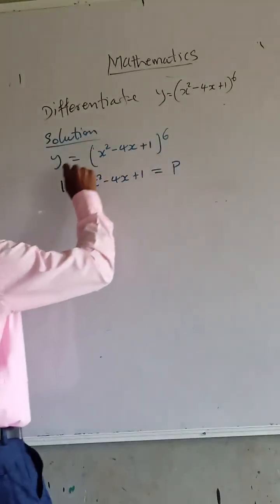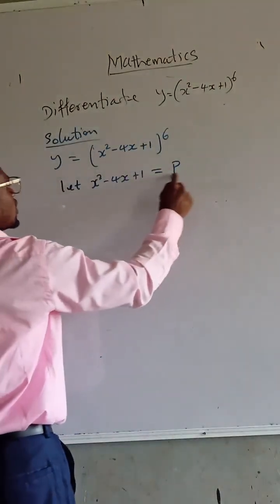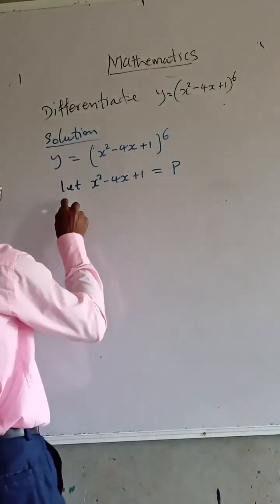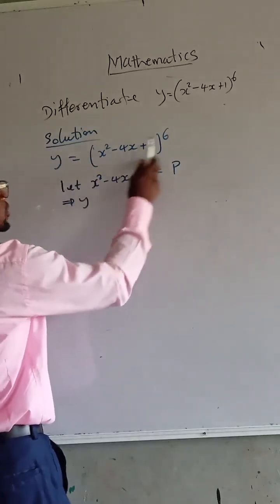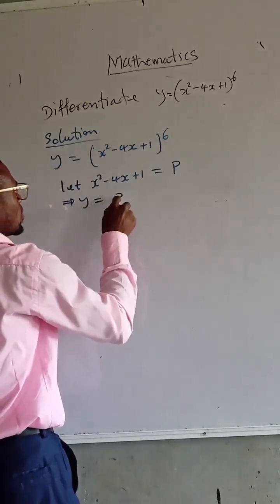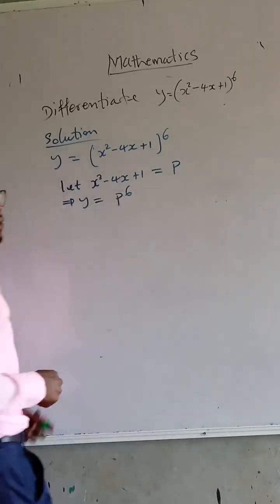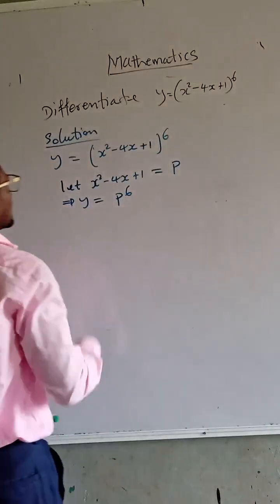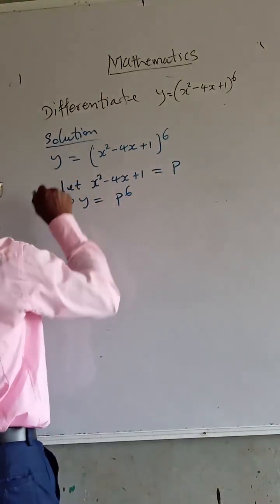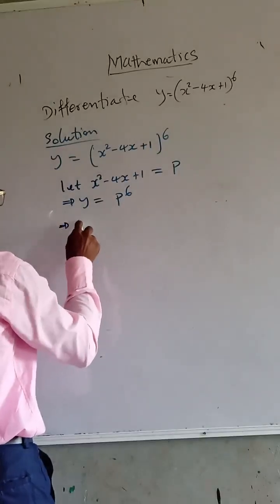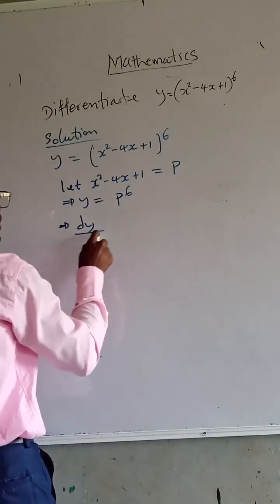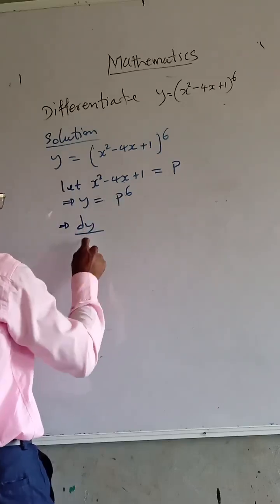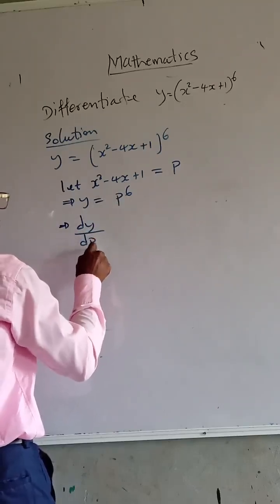Now I will differentiate this, and I also differentiate this. So our new equation is y equals p raised to power 6. Very good. First, let me differentiate this: dy over dp.